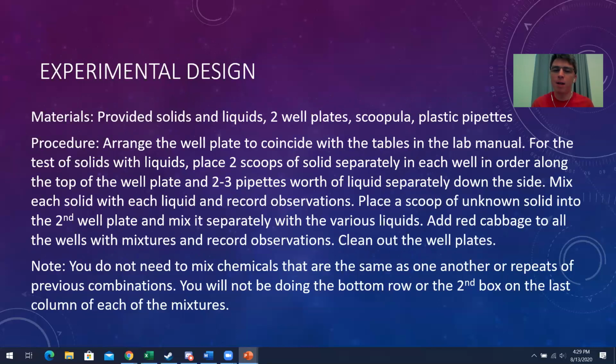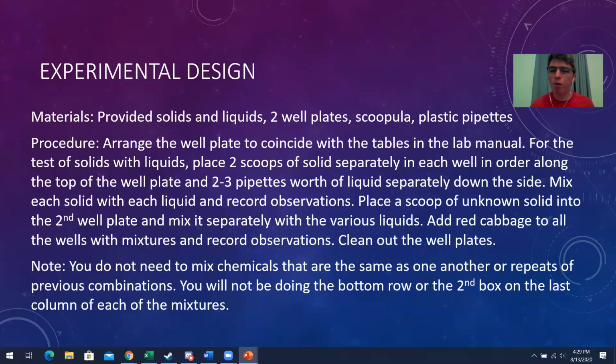Do they have any similar characteristics? Is there anything different between each of them that we could use to identify our unknown? And then we'll start mixing them together and make every combination of solid and liquid that we can and see what happens. That's where we're going to start seeing our chemical properties.